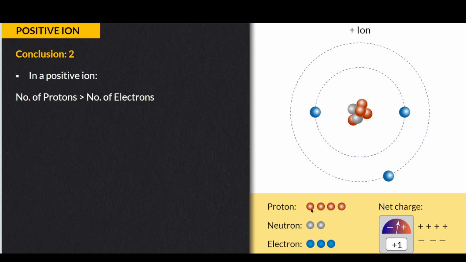So here protons are still 4 but electrons are 3, and that's why it has more positive charge, because it has more protons, which carry positive charge. So as soon as an atom releases or gains one or more electrons, it becomes an ion. When an atom loses or gains electrons, it becomes an ion from a neutral atom.